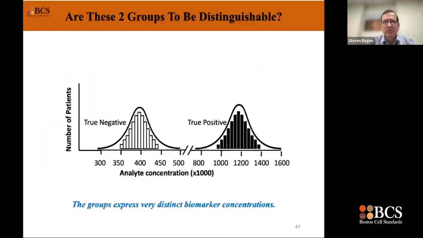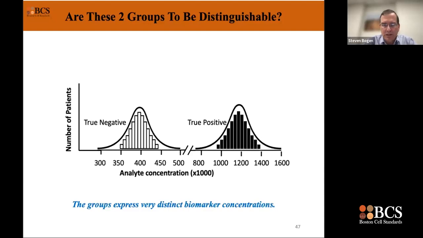Okay, now let me juxtapose. Instead, consider this hypothetical biomarker expression graph with analyte or biomarker concentration on the x-axis. The graph shows the true negative and true positive patient groups. For example, these might be responders and non-responders. And as you can see, I've represented them here to be dramatically different protein expression levels, as I say, on the x-axis.